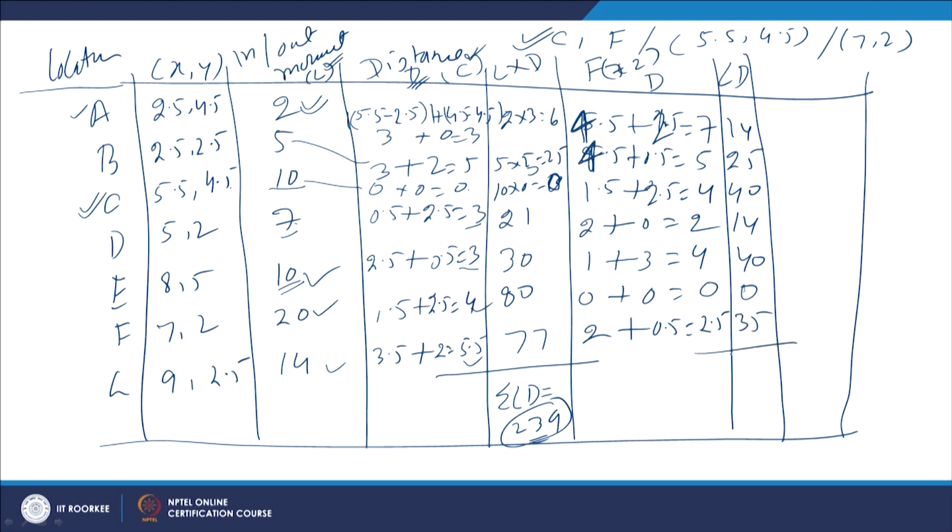Sum of all this L into D for the potential site F will be equal to 168.